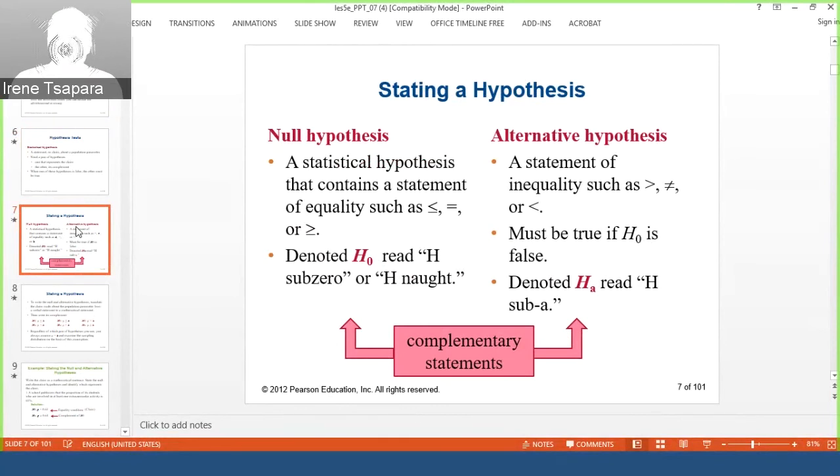If the claim doesn't include the equality, then it becomes the alternative hypothesis. No matter what you do, though, no matter if the claim is or is not the null hypothesis, your test will run on the null hypothesis. So these are two things that you need to remember.